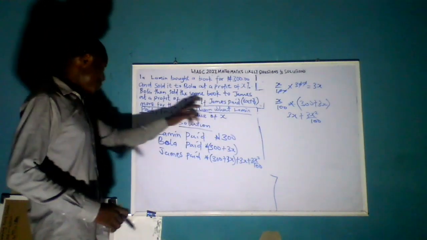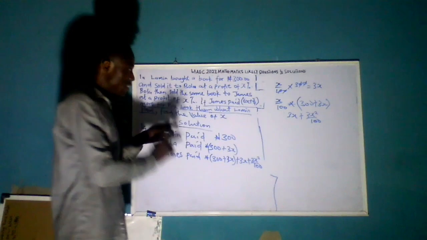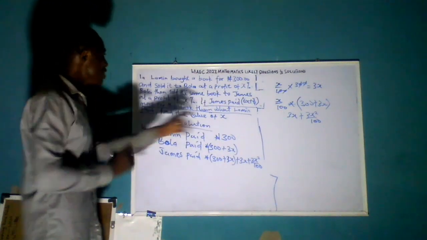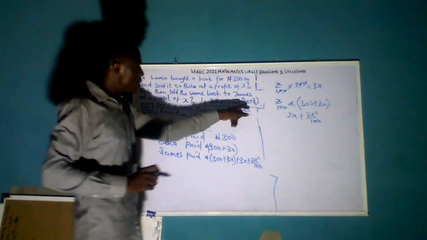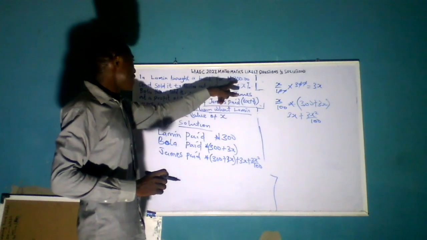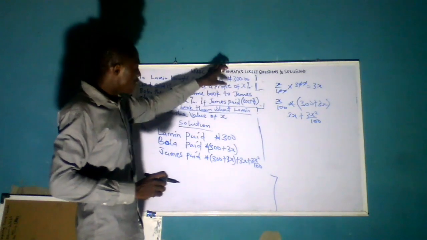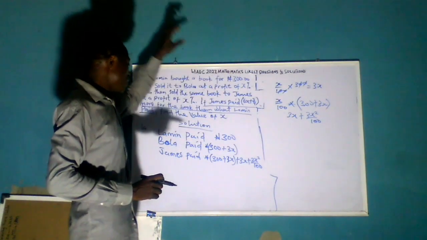Now, this particular part of the question has given us a hint in that once you add this value to the amount that Lamid paid, it will exactly give you the amount that James paid.